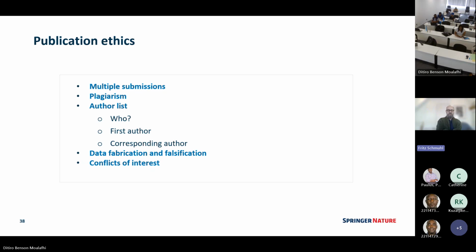For that, it's very important to look at what the rules are on authorship, because it is important that you follow that quite closely in order to ensure that people who did contribute to your research, to your article, are not inadvertently removed.